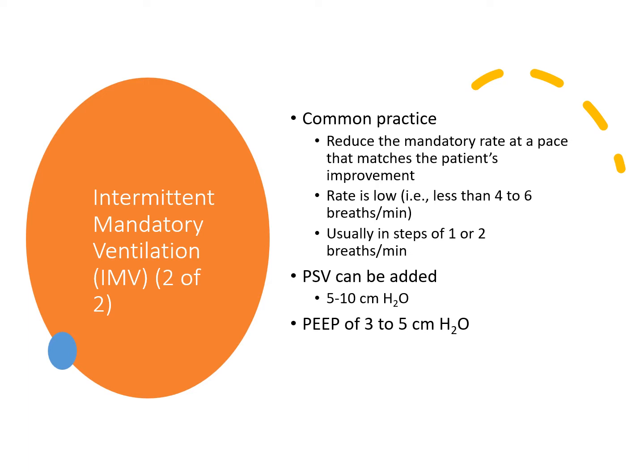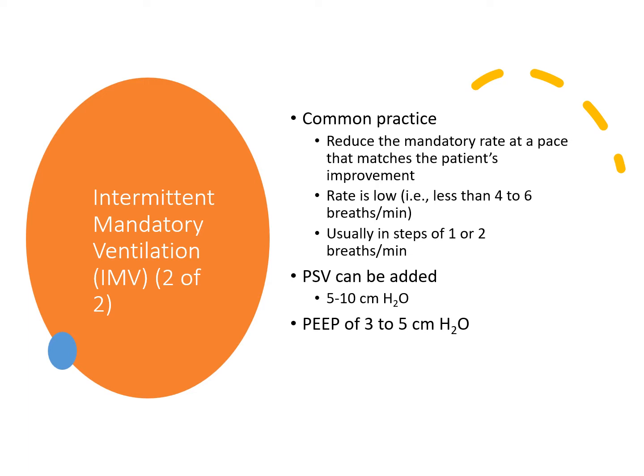But the respiratory muscles really do a lot of work on both the mandatory and spontaneous breaths in SIMV or IMV. So you can see ventilator asynchrony because the patient's respiratory center does not anticipate whether the next breath is going to be a mandatory breath or a spontaneous breath.